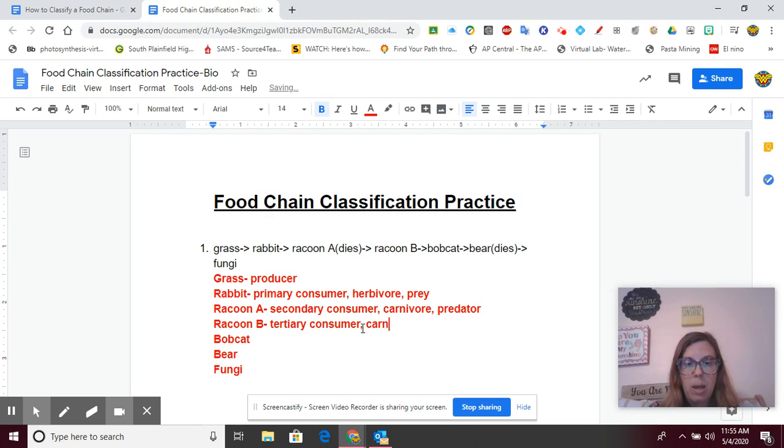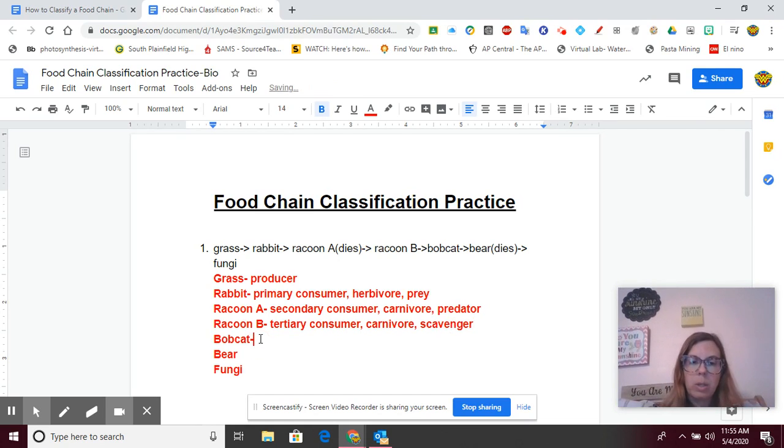It's eating raccoon A, so it is a carnivore. Fourth and final question, is it a predator, a decomposer, or a scavenger? We see here that raccoon A dies before raccoon B eats it. So if raccoon B is eating something already dead, that makes raccoon B a scavenger in this food chain. And then we're done, because we don't go back and make prey. It's only prey if it's eaten by a predator. If something's eaten by a scavenger, then you're done.